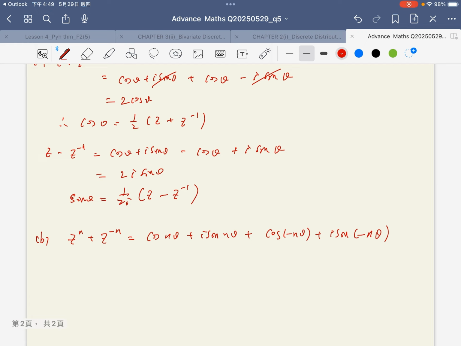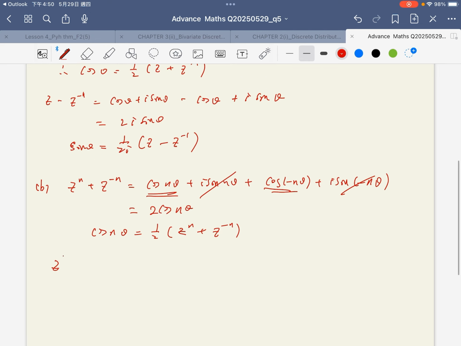These two cancel, and these two are the same. We add them together and it becomes 2 cosine n theta. Change the subject: cosine n theta equals 1 over 2 times z to the power n plus z to the power minus n.